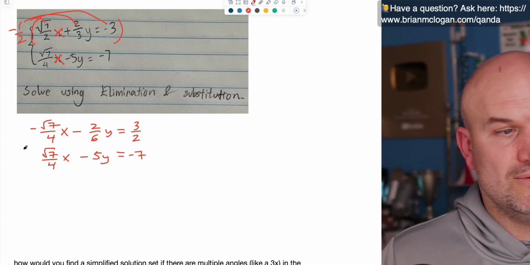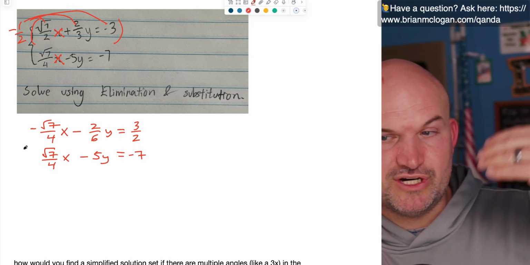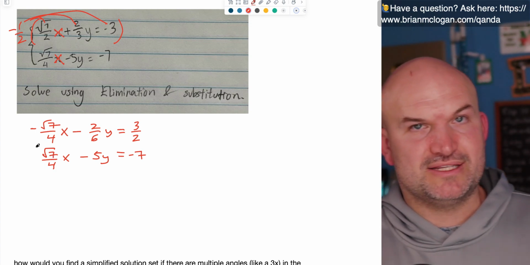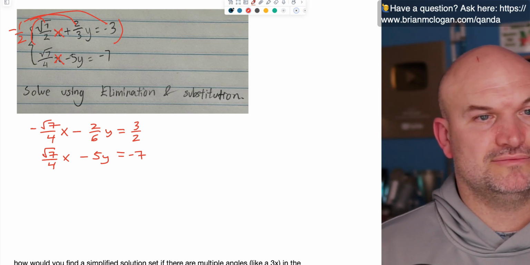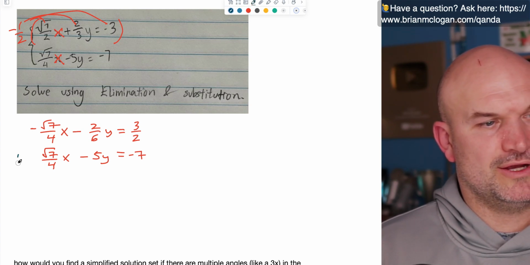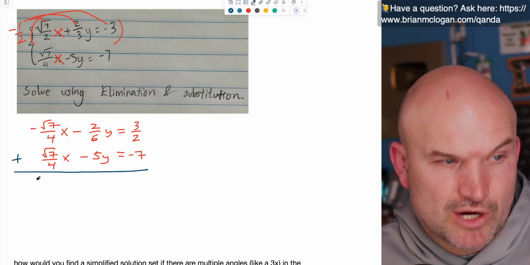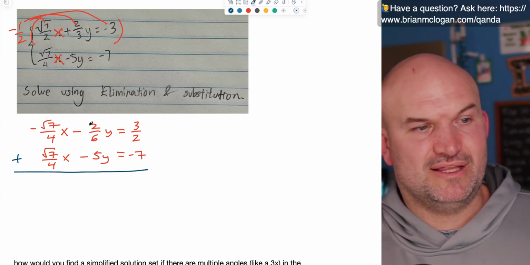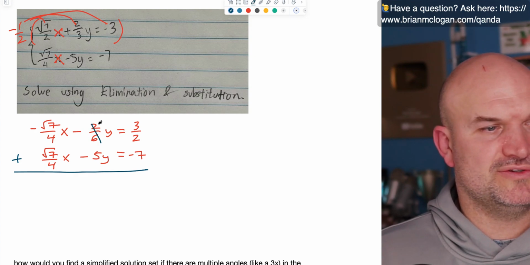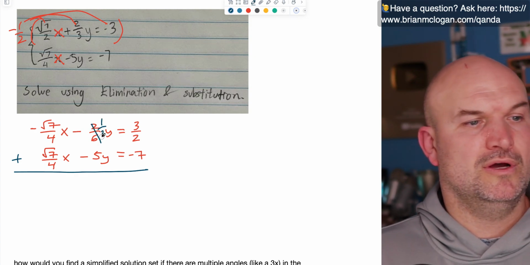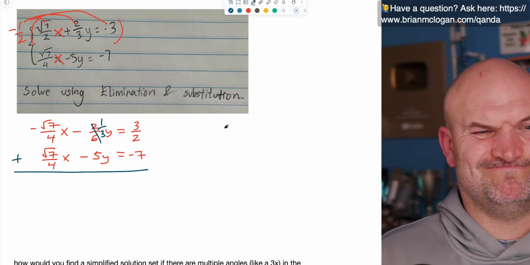Okay, so now you can see my coefficients are exactly the same. One's negative, one's positive. So now I can just go ahead and add. Those are going to go to 0x, which is just 0. Then over here, I basically have, let's see, that can reduce down to a 1/3. 1/3 y minus 5. So how are we going to do that?